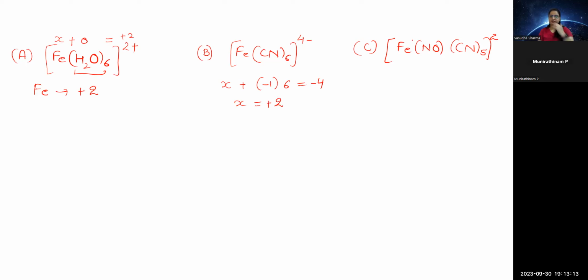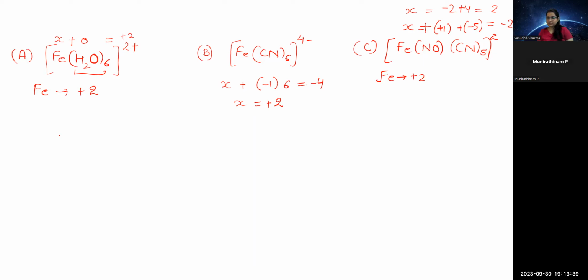Here also, whenever the nitro group is connected with iron, it will always give you a positive charge, so it becomes +1, -5, -2, that is -2 + 4, that is also iron in +2 oxidation state.